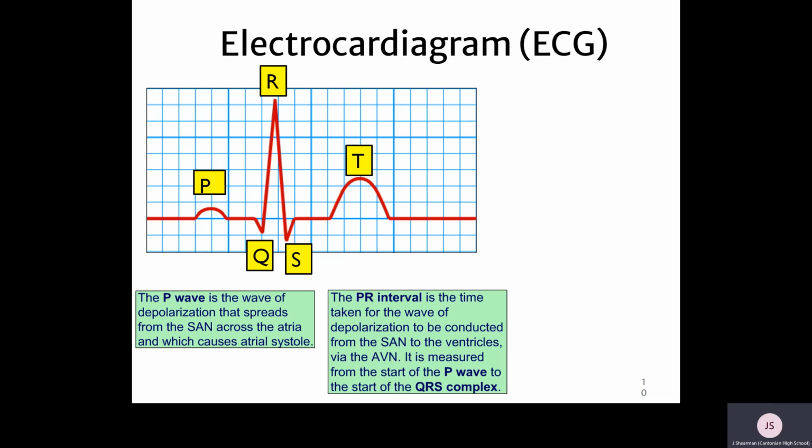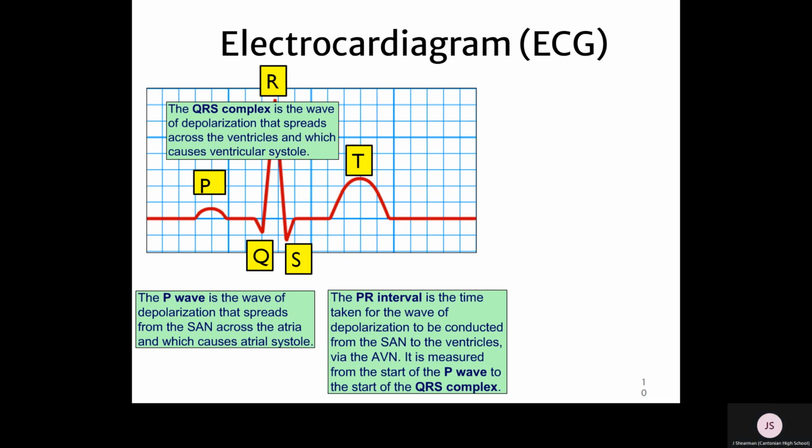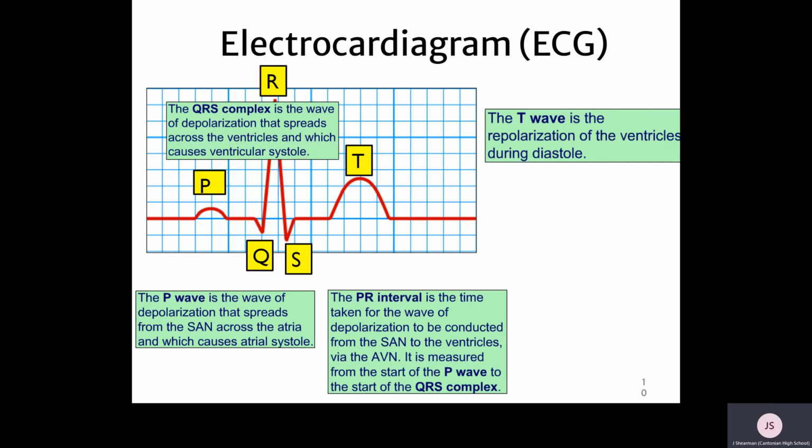Now, the QRS complex is that really tall peak that you can see, and that represents what's happening as the ventricles contract. So that is the ventricular systole phase. Then we've got a T wave. That is the repolarization of the ventricles as the ventricles relax.